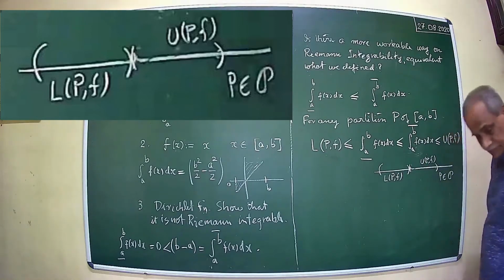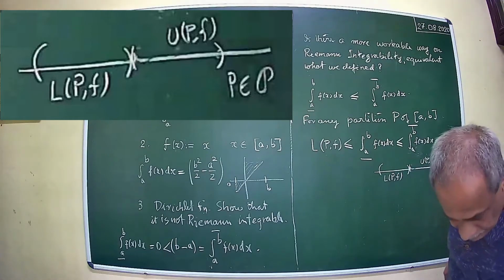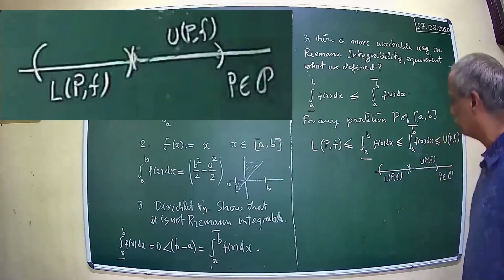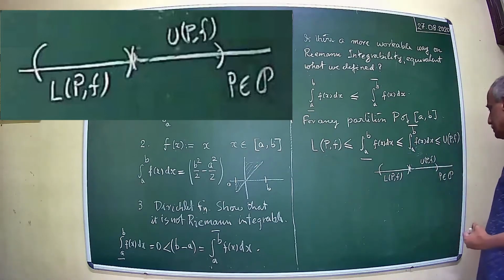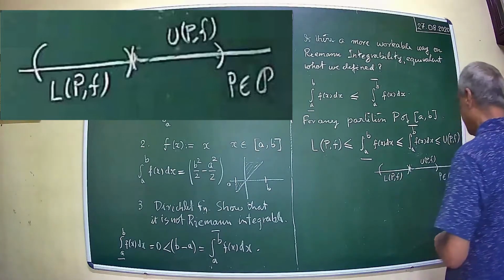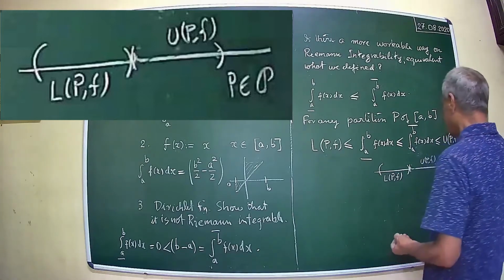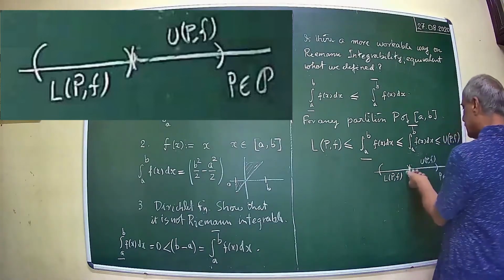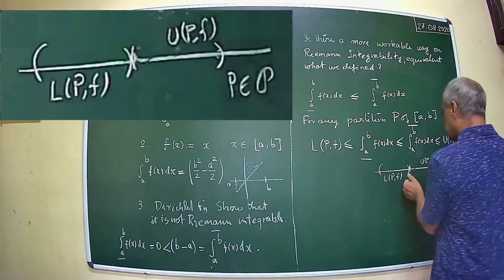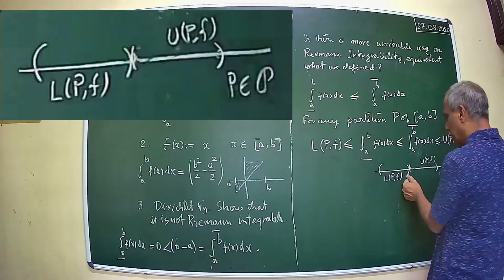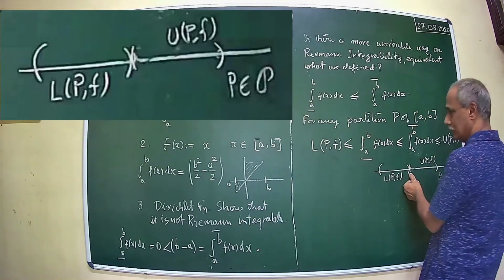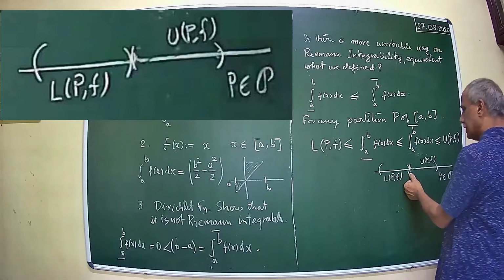So you can see from your experience on working with bounded sequences of numbers that what you are saying is that the supremum of L(P, f) and the infimum of U(P, f) are equal if it is Riemann integrable. What does it mean?